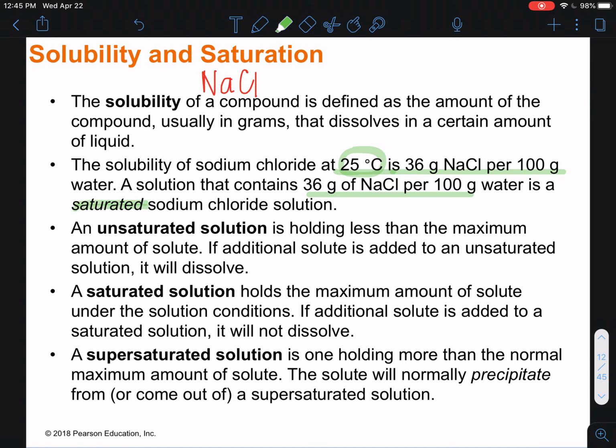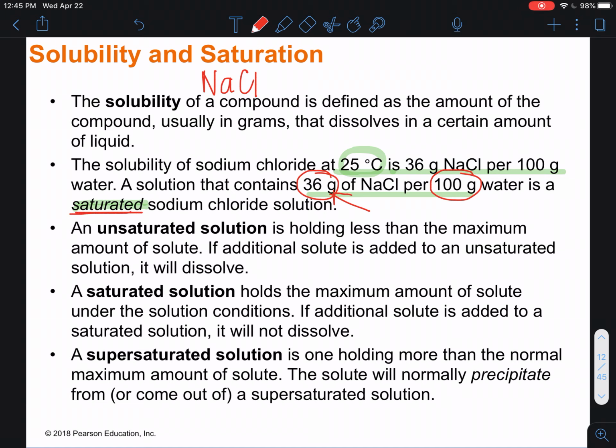The reason it's a saturated solution is because after 36 grams in 100 grams of water, we can't fit any more salt in there. There's no more room, so it's considered saturated.